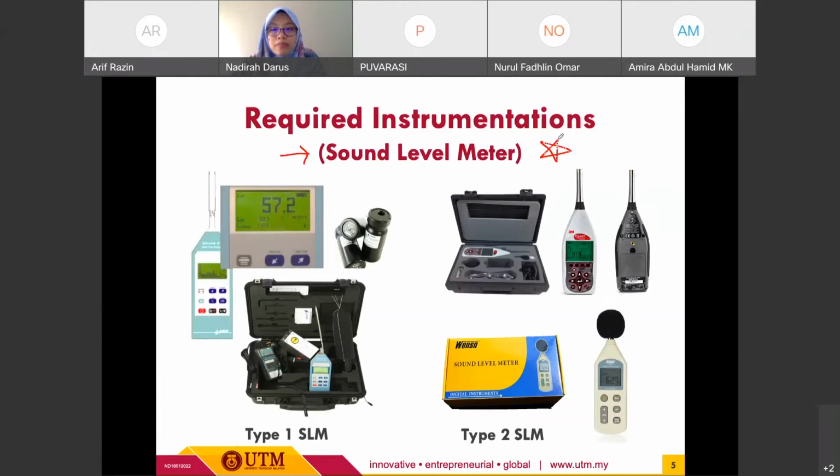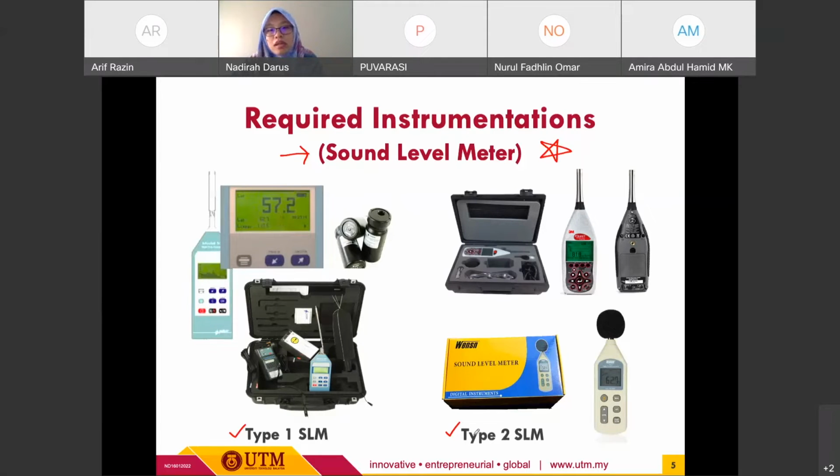Okay. So I think most of us memang dah tahu, cuma in terms of dia punya detail description, in terms of dia punya jenis, so I would like to share lah regarding that. Okay. Yeah, apa orang panggil, in market ataupun existing market lah, yang kat luar sana, there are two types of sound level meter which are available, such as type 1 and type 2.